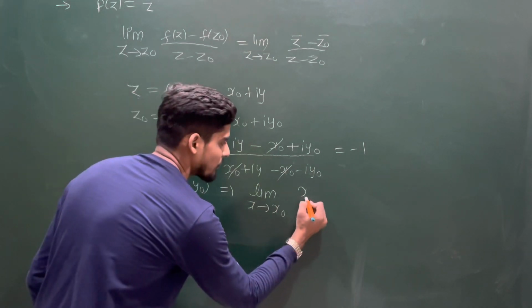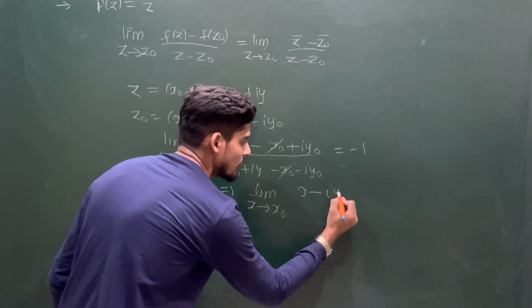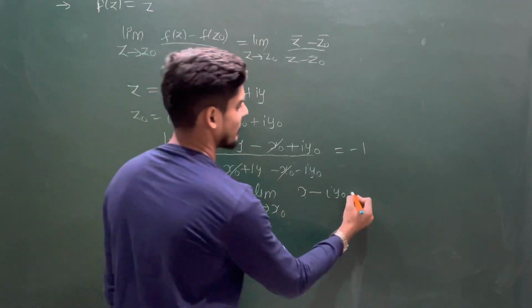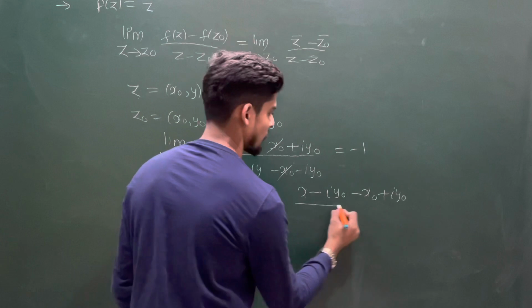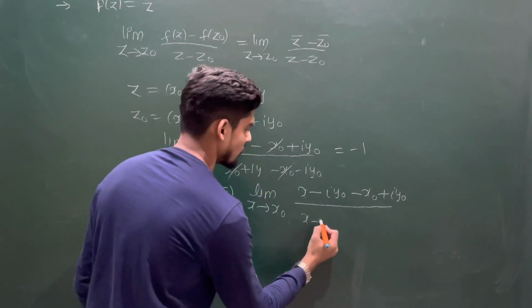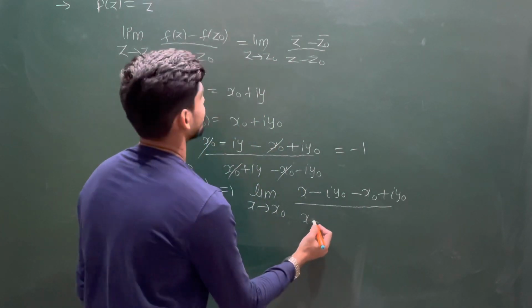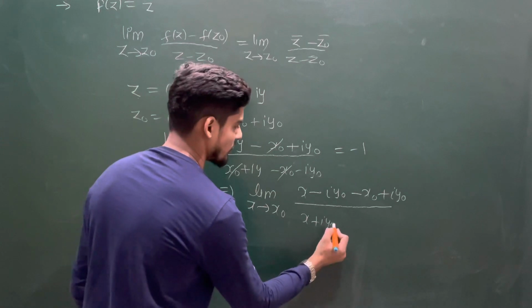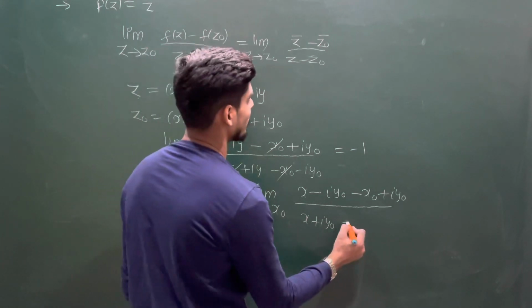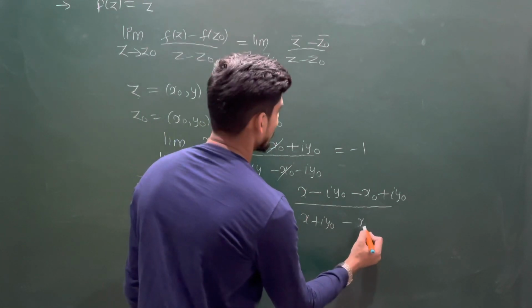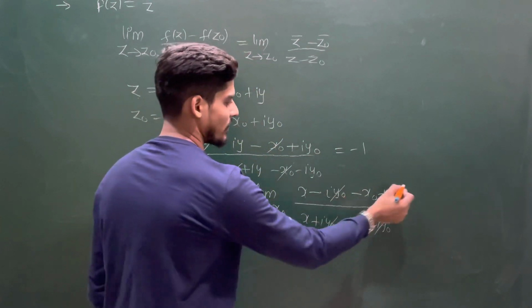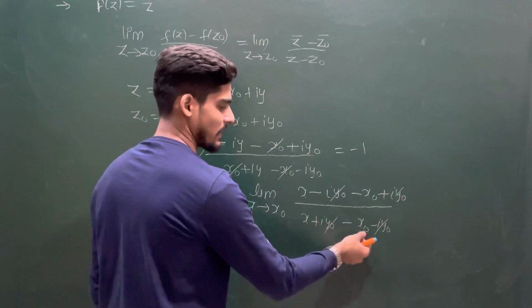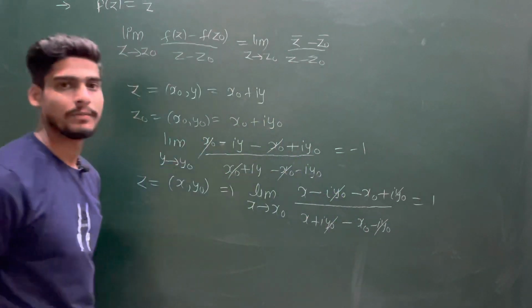So this is x minus iota y naught, this is x naught plus iota y naught, this is x plus iy naught, and this is x naught minus iy naught. So this will get cancelled out, this will get cancelled out, this is x minus x naught, this is x minus x naught, so you are getting 1.